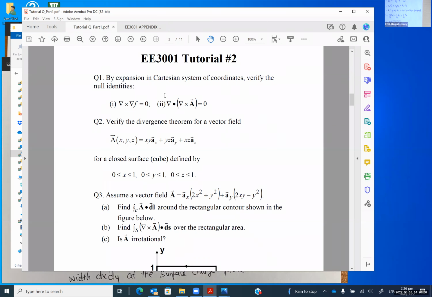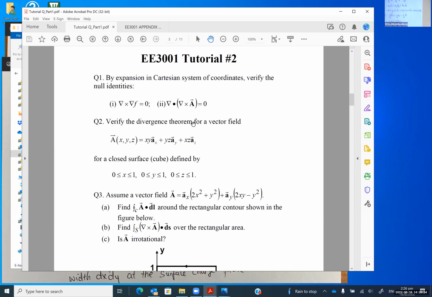You want to show that that is equal to 0. Same thing again: start from the left-hand side, with the del vector and the A vector, which you put in a general expression, and then manipulate until you show it's equal to 0. Okay with that? Okay, second one.